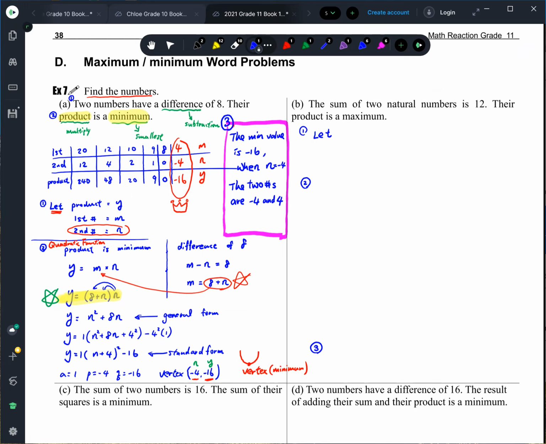And can I have Aaron read the question out for us? The sum of two natural numbers is 12. Their product is a maximum. Yes, okay, very good. So this time, instead of difference, we have sum. That's our first sentence. And instead of maximum, we want the product to be minimum. That's our second sentence.